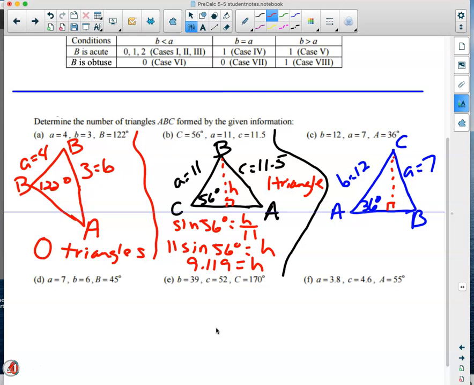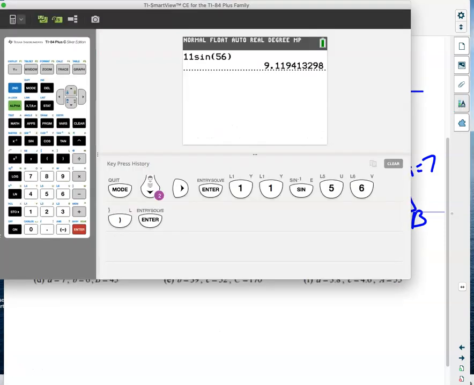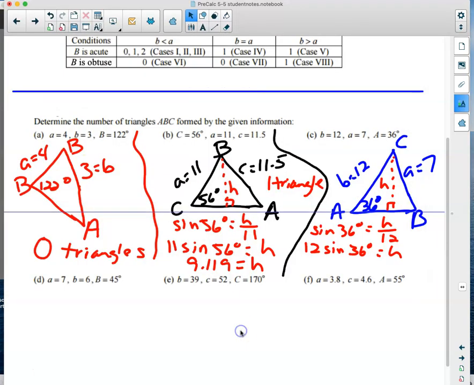And again, I've split this into two triangles. Now we just want to use the leftmost triangle to check on that height. So the sine of 36 degrees equals h over 12. 12 times the sine of 36 degrees equals h. Let's punch it in and see. 7.053.